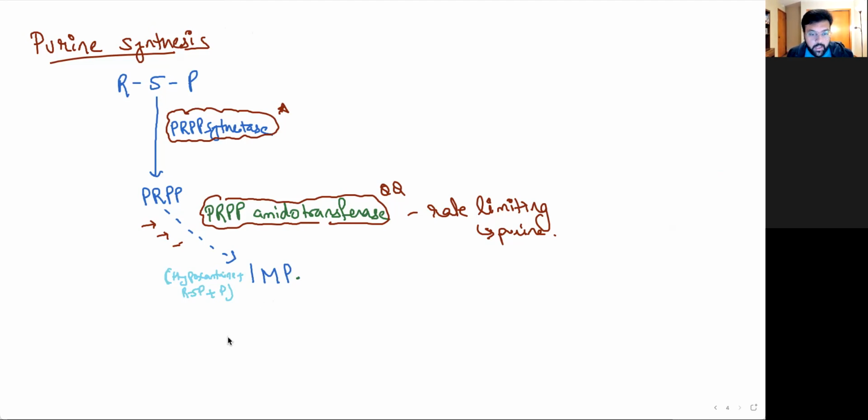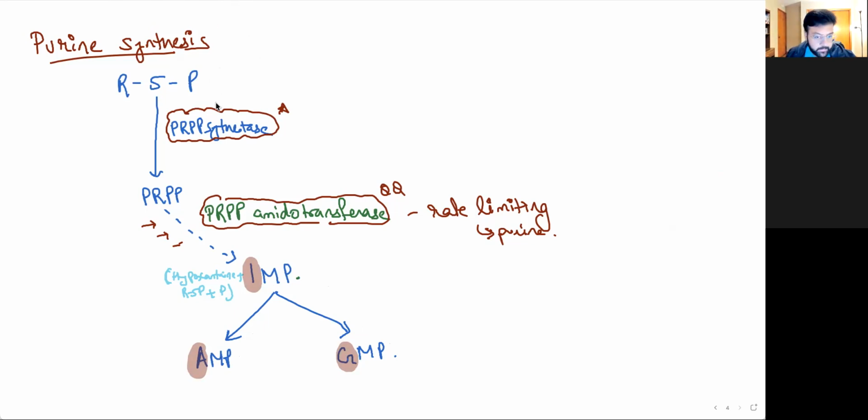So the next step is going to be a lot simpler. We can convert IMP into adenosine monophosphate and guanosine monophosphate. Here you are winning the race. We made inosine, we made adenosine, and we made guanosine. We made purines, adenine and guanine.